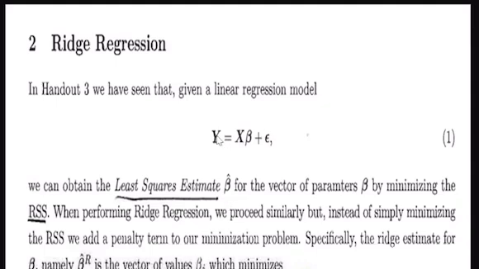This equation one is the specification of the linear regression model. What we did the other time was use our least squares approach, which minimizes the residual sum of squares, and by that we're able to have parameter estimates.